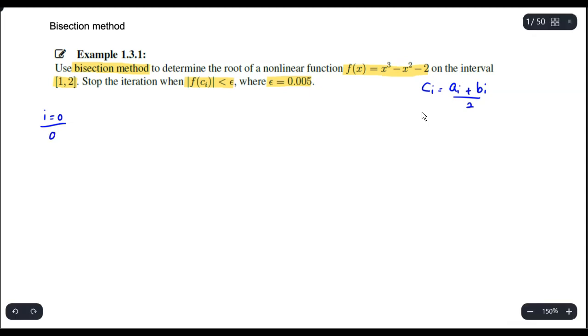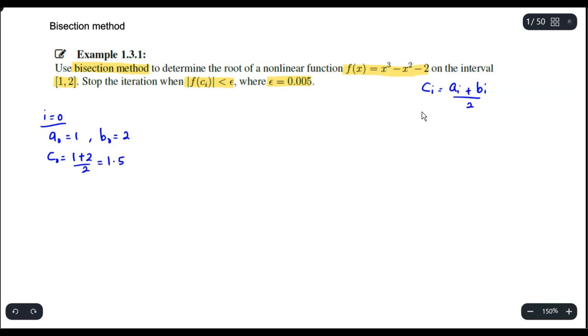We have a_0 equals 1, which is our left interval, and b_0 is 2, which is our initial right interval. With the formula, c_0 equals a_0 plus b_0 over 2, which is 1 plus 2 over 2. So we have 1.5.